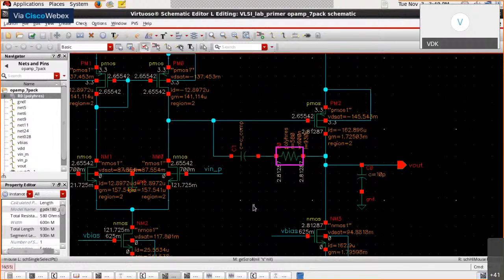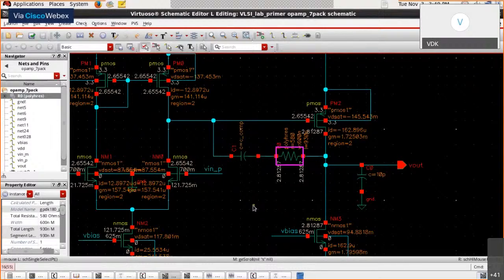When it does this, it does one more thing which is not very desirable. It advances the RHP zero to a lower frequency, because the frequency at which the zero occurs, omega z in radians per second, is GM of PM2, the second stage active device, divided by the compensation capacitance value.